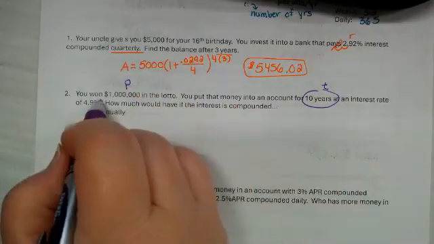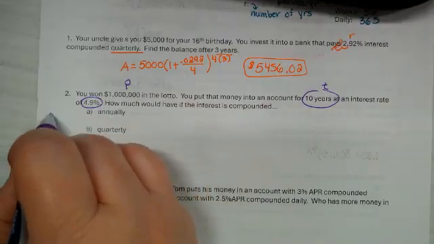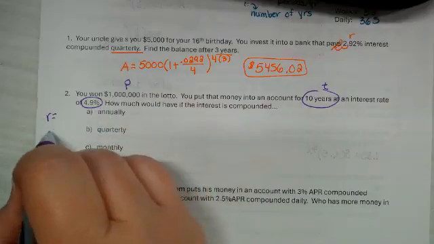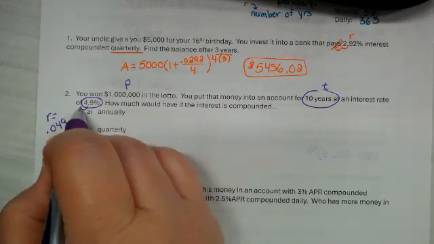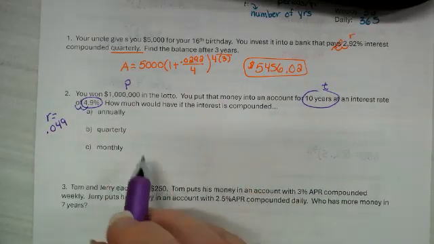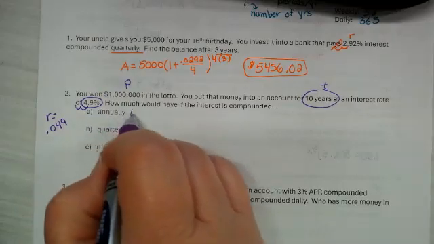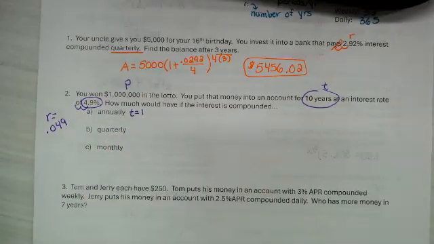At an interest rate of 4.9%. So remember, rate as a decimal, 0.049. You move your decimal back 2 places. All right, compounded annually, that means N is 1.